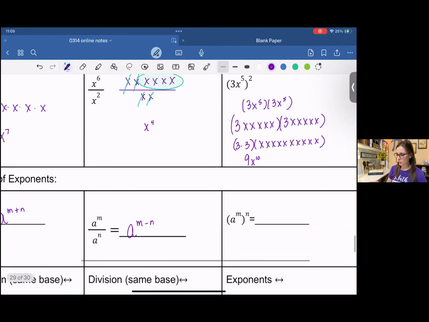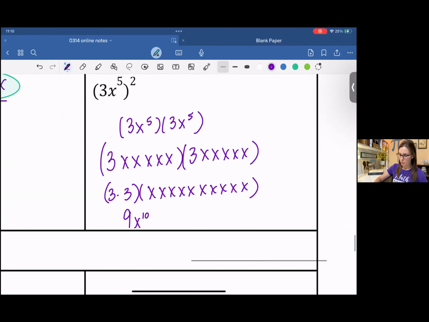And then this last one, when I had a power to a power, I did throw in this 3 because there's some common misconceptions there, and I wanted to show the long way because oftentimes people want to do 3 times 2, but that's not what's happening. 3 is being multiplied by itself. 3 is being multiplied twice.